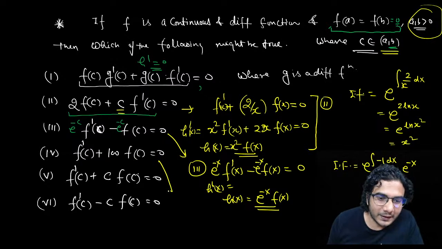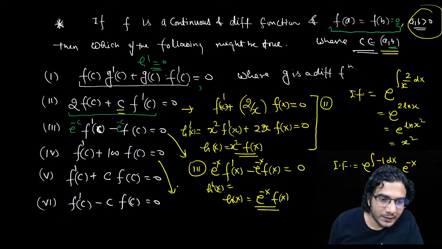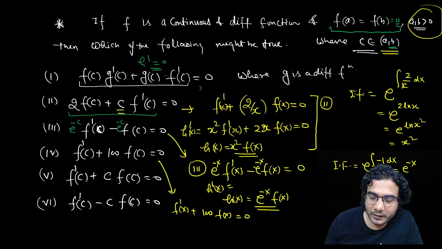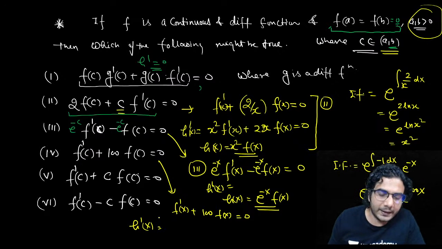Now the third one. Third one is f dash x plus 100 f(x) is equal to 0. What is the integrating factor of this? e raised to the integral of 100 dx, that is e raised to 100x. So we need to multiply by e raised to 100x.